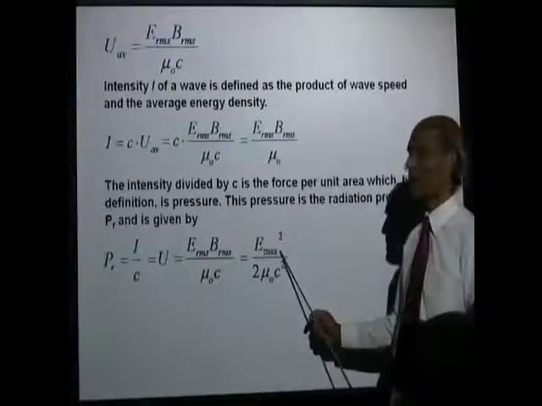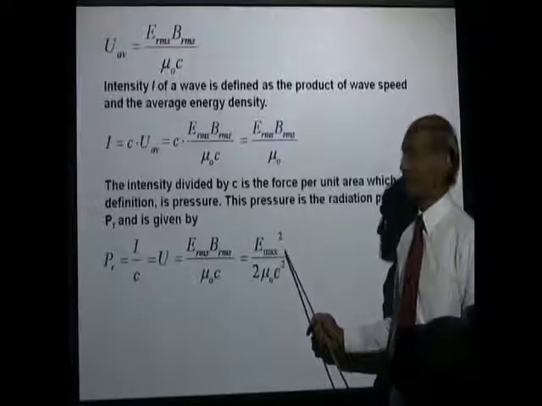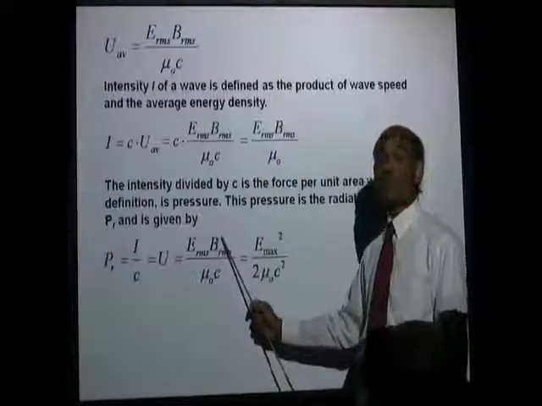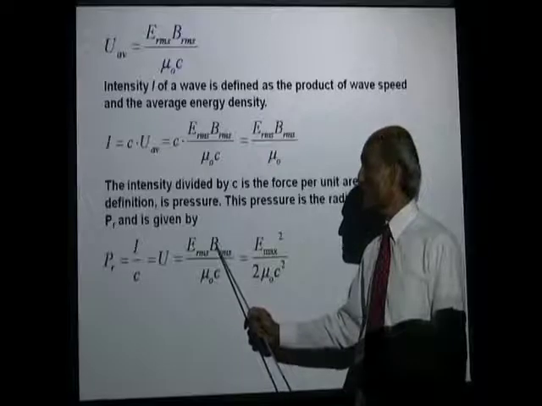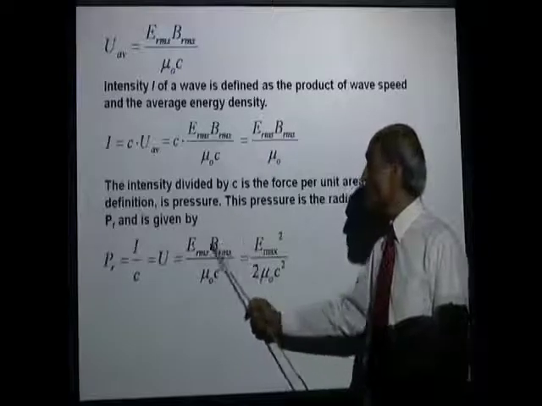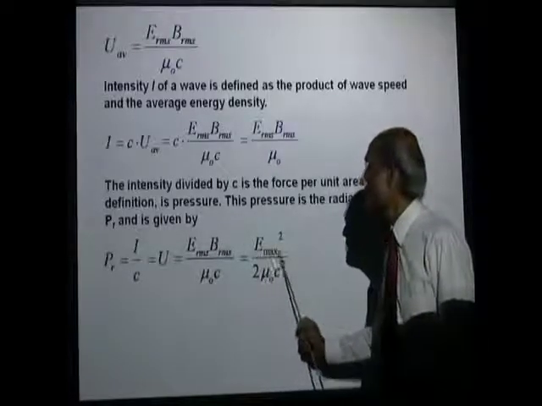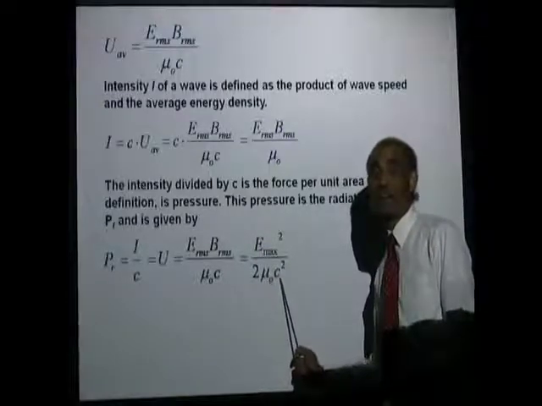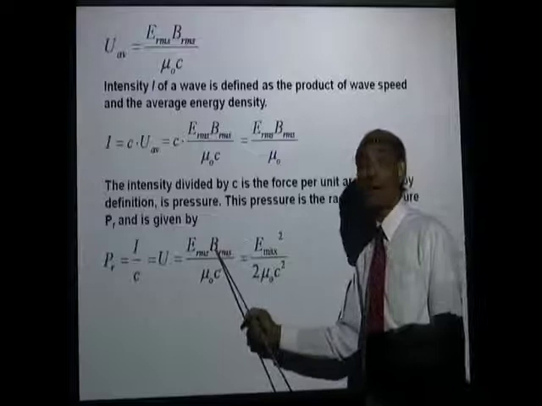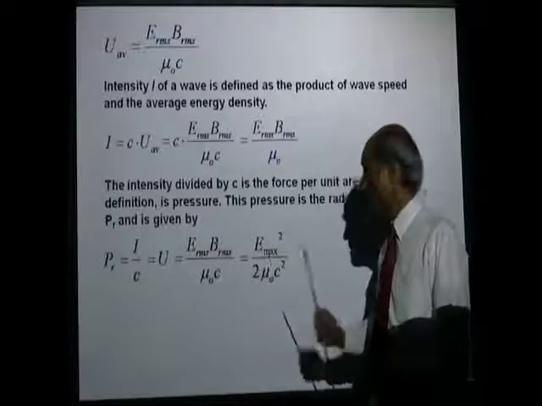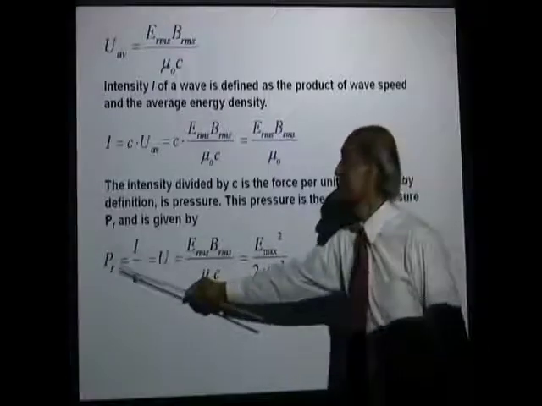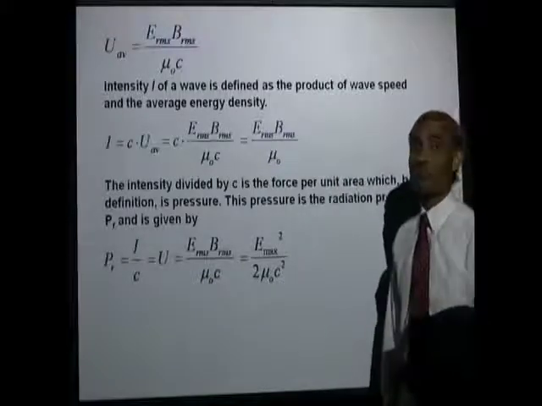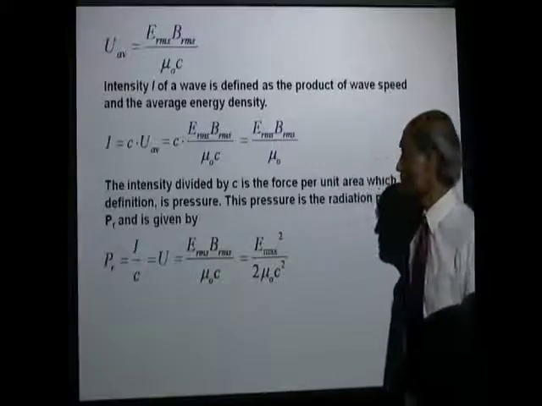Now, how did that come about? Can you picture that? Well, E equal to CB, so B equal to E over C. And that is where the E squared comes in and the C becomes C squared. Is that right? Replace this B by E over C and you get that equation. So the radiation pressure is E max squared divided by 2 mu 0 C squared.